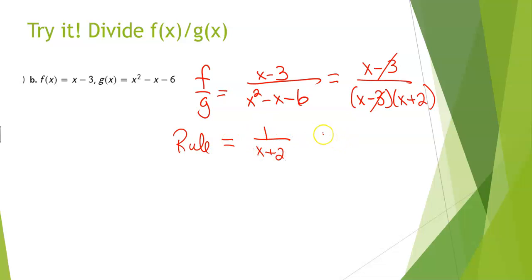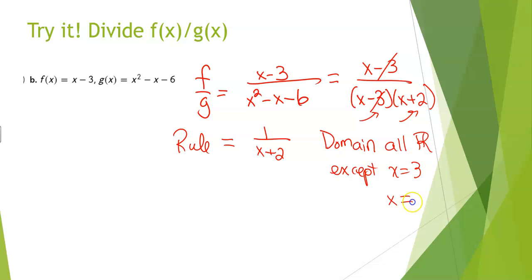2. However, the domain would have some restrictions based on the denominator right here. So that can never be 0. So the domain is all the real numbers except x cannot be 3, and x cannot be negative 2.